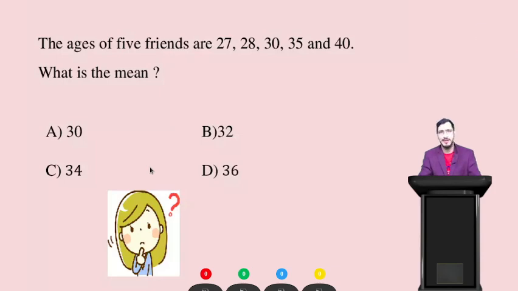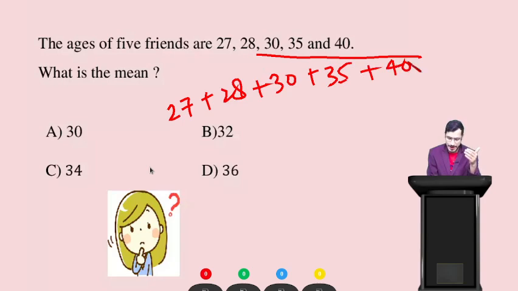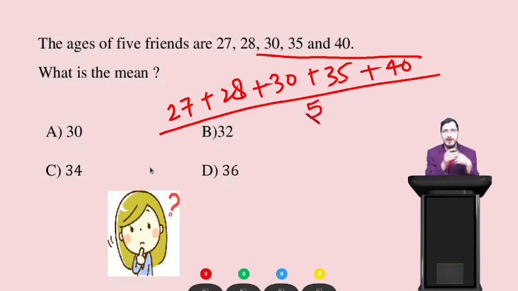Yes, students, time's up. The right answer is, you can see here the ages of 5 students. So what will we do here? Add the sum of all observations upon the total number of observations. So 27 plus 28 plus 30 plus 35 plus 40, divided by 5.